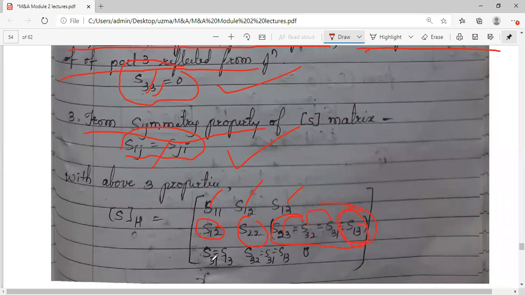So it is finally S13. Then S31 is equal to S13. S32 again is nothing but, first property I have used, S31, which is equal to S13, and S33, no reflections, 0. So this is your S matrix. Now we have to find these parameters.